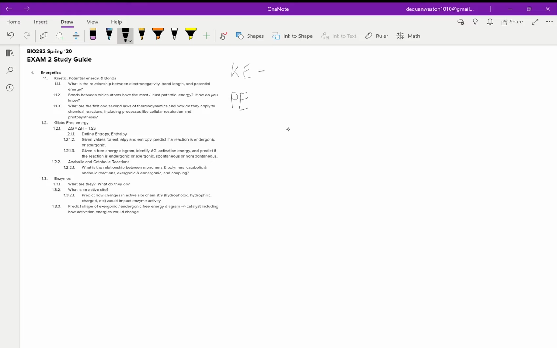So this is a good way to think of it. Just think of potential energy as something that's high. So we'll say this is potential energy, and as it falls, that's kinetic energy.